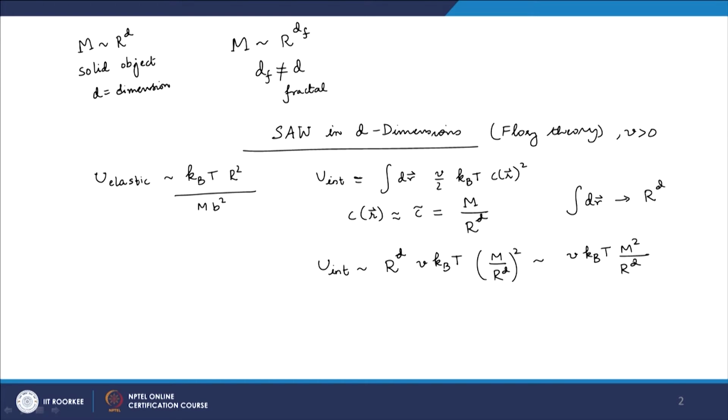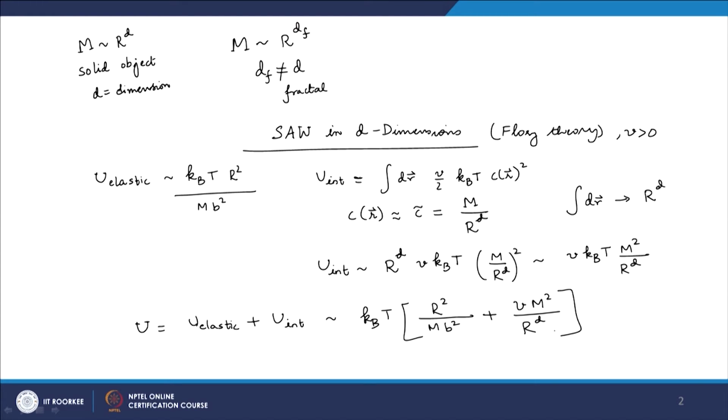The total energy is the sum of the elastic and interaction energies, which now scales like kBT multiplied by r squared by m b squared plus v m squared by r to the power d. Now I will use the same idea that we used for the three dimensional case.